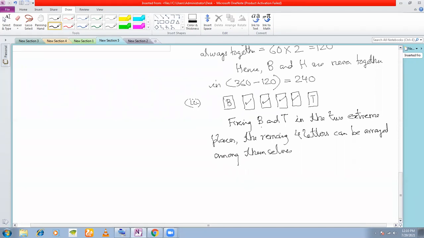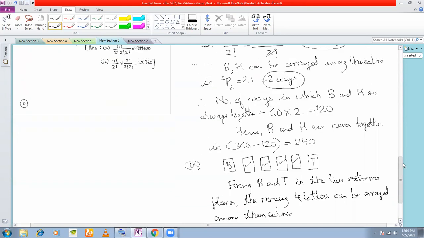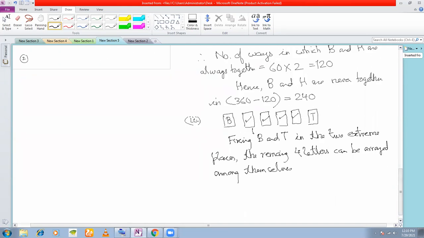Can you tell me what are the letters that remain? H remains, A remains, R remains, and A remains, right? So 4 letters are there.